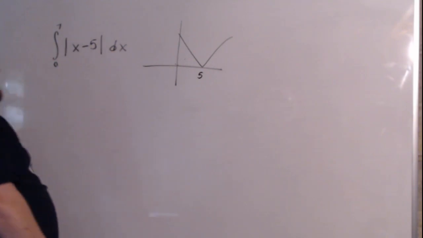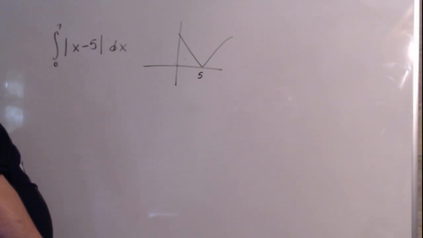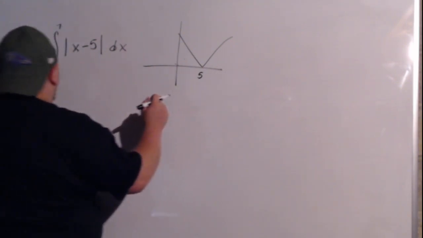So that's 5. So we can create from 0 to 7.